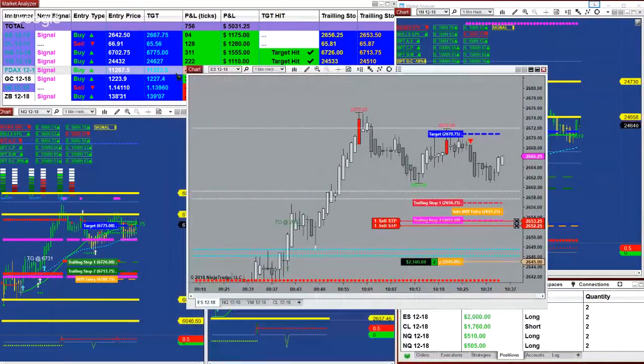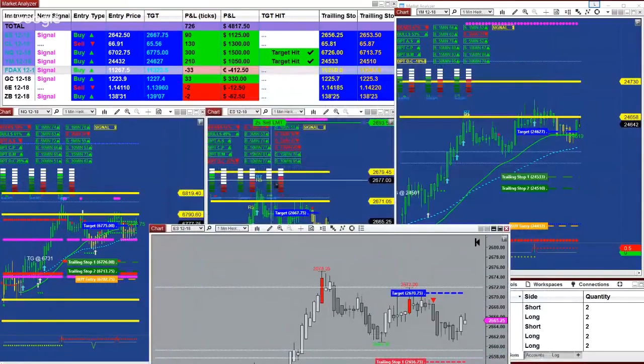Then we are measuring the buyers and the sellers here. We can measure the buyers and sellers in split seconds. We don't need to sit down and start reading numbers. It's right there in front of us, telling us the buyers over the sellers or the sellers over the buyers, with 6 different time frames. So you cannot go wrong with that.